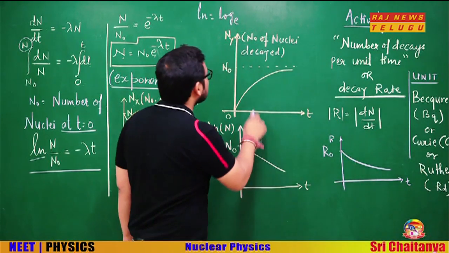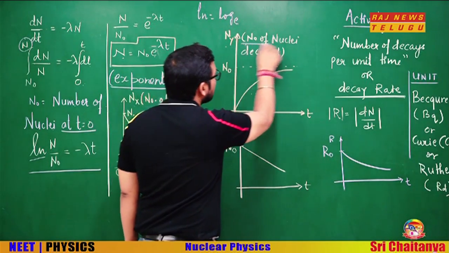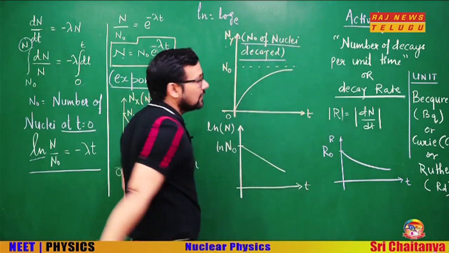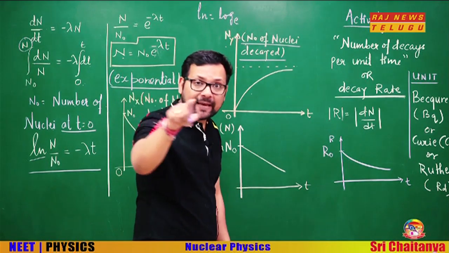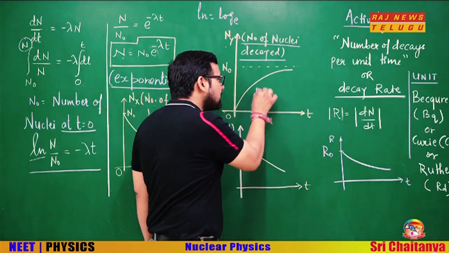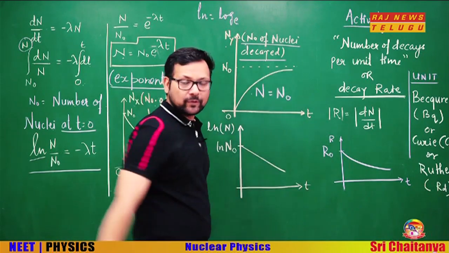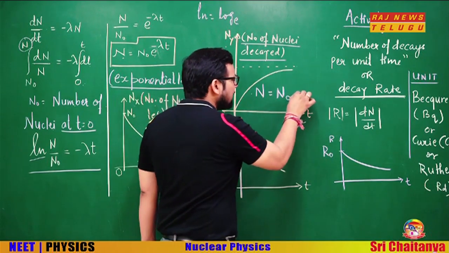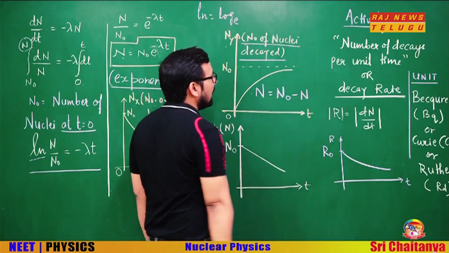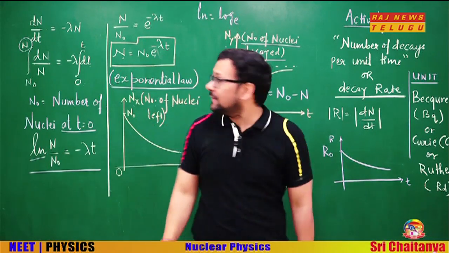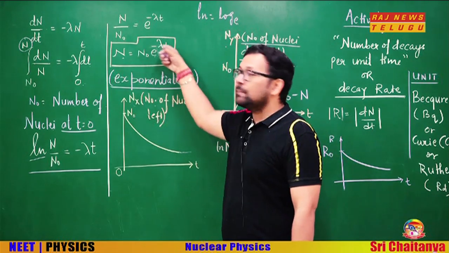Now if you draw a graph of the number of nuclei decayed, not left, we are talking about decayed. Students, what was the initial number? The initial number of nuclei was N0, and what is left is N. And N is N0 e raised to power minus lambda t.